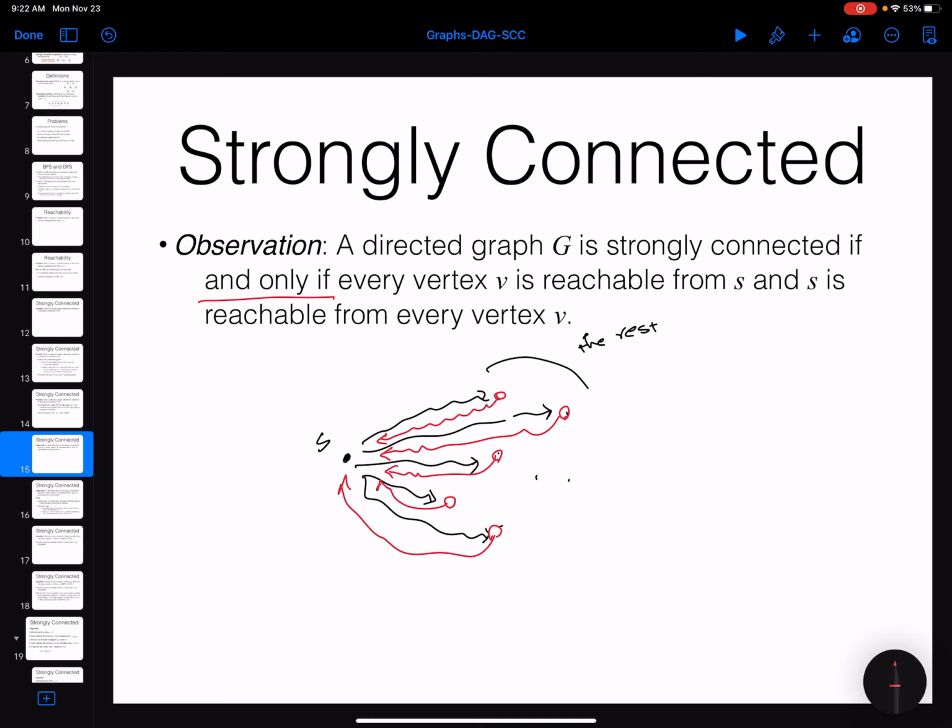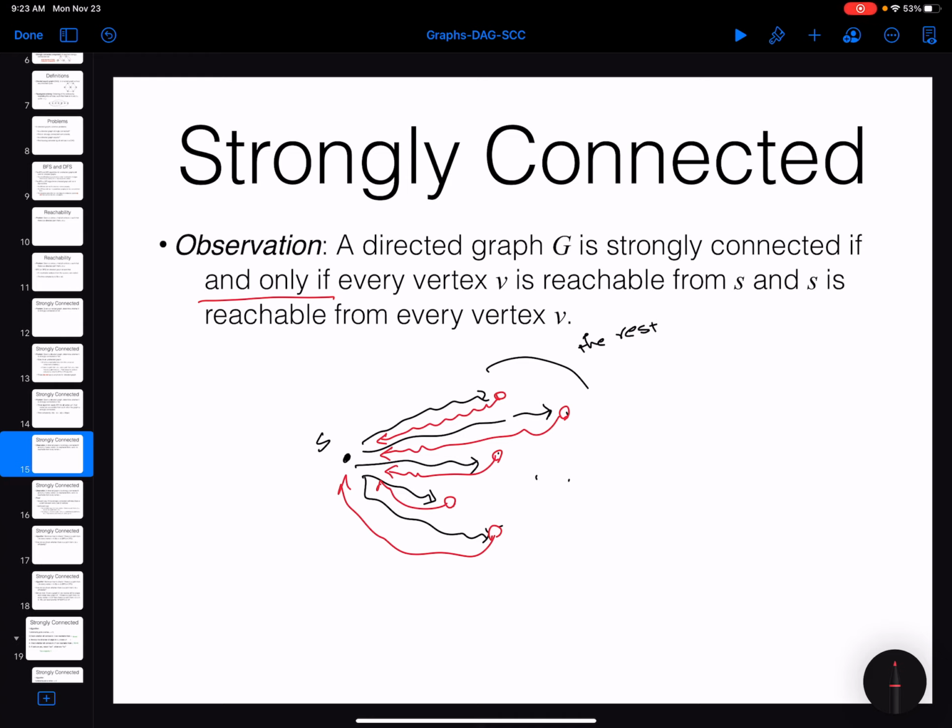We can prove it. I have written the proof for you, but the intuition is that if you take one node S and show that there is a path from S to every node, and a path from all those nodes going back to S, that's enough to show that the graph is strongly connected. Why?